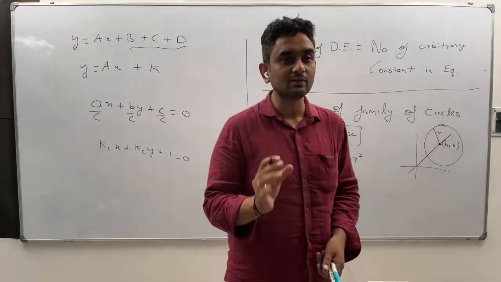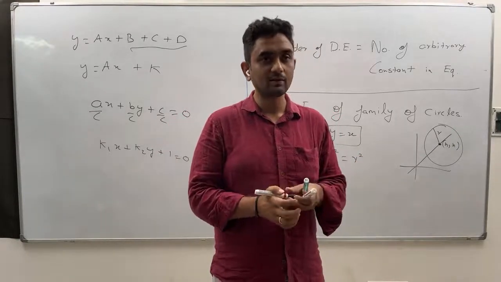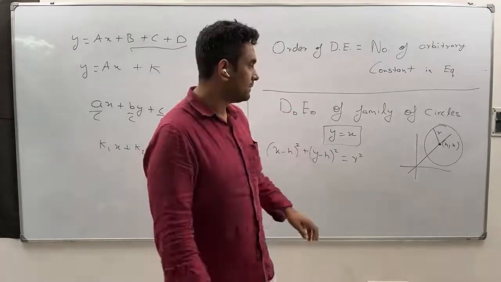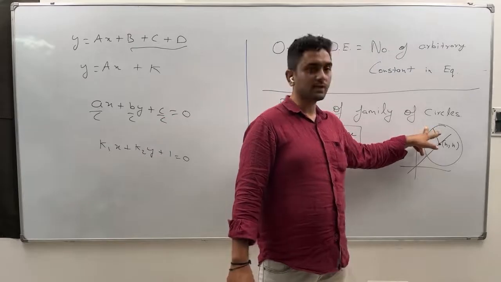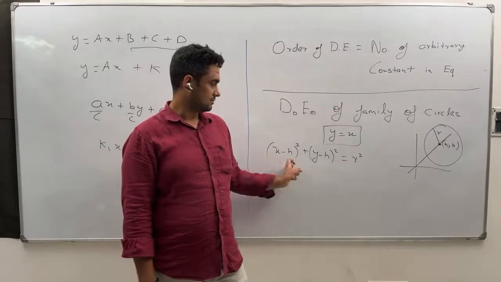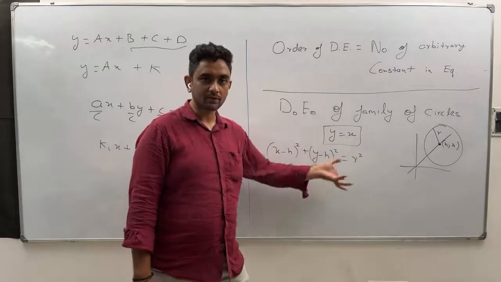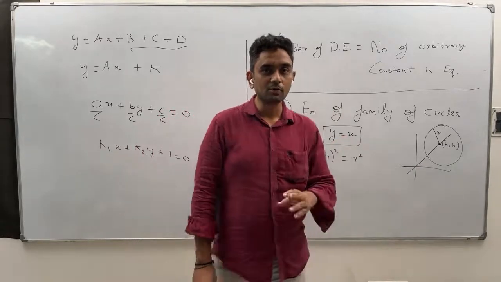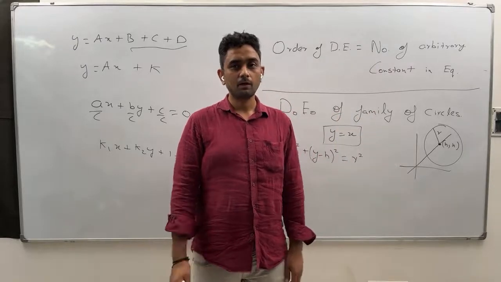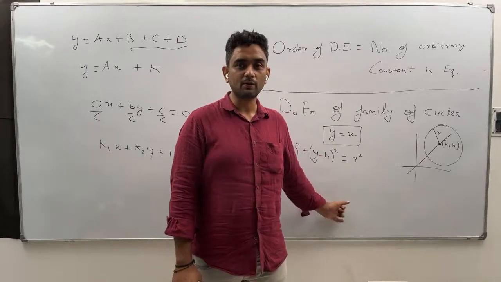The equation of a circle is the distance formula. Take the square of the distance formula, you get the equation of the circle. What will be the distance between the center and any point x comma y? Under root, take the square. So the equation of the circle is simple: put in the distance formula directly. Now, Dikshita, how many arbitrary constants are there?